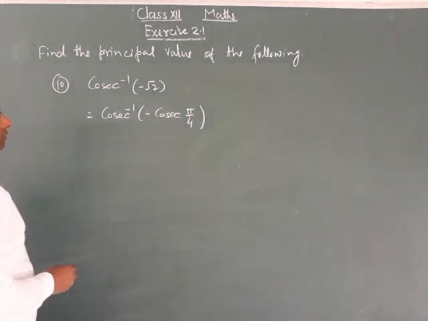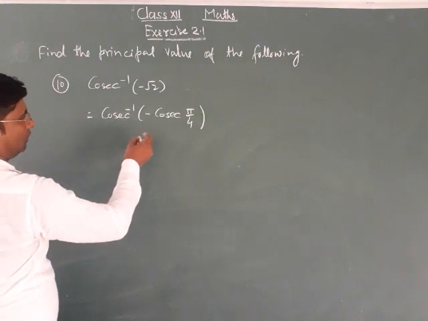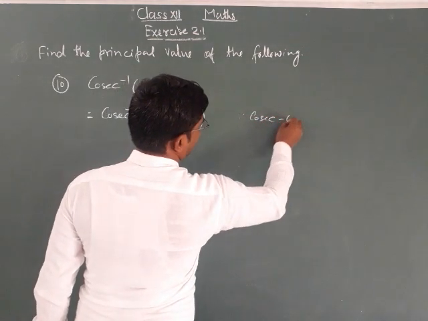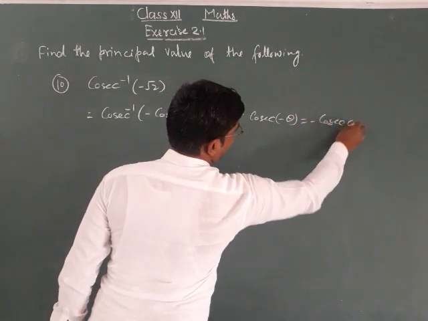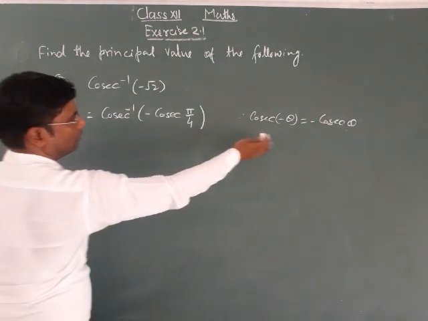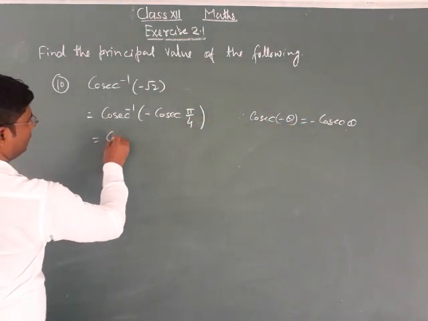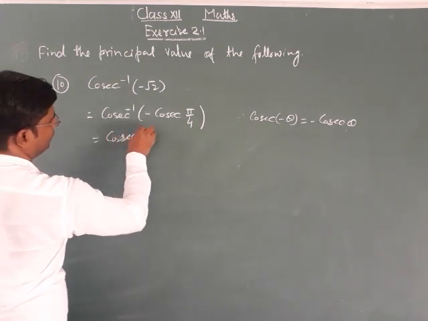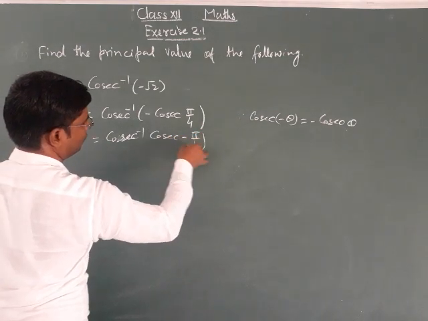And since cosec of minus theta is equal to minus cosec theta, now change in this way: cosec inverse cosec of minus pi by 4.